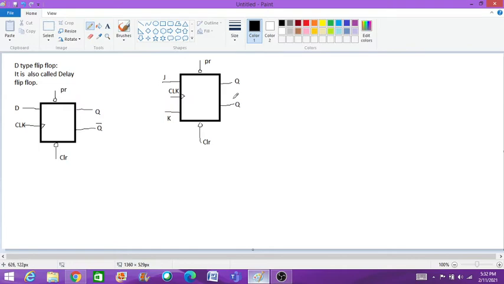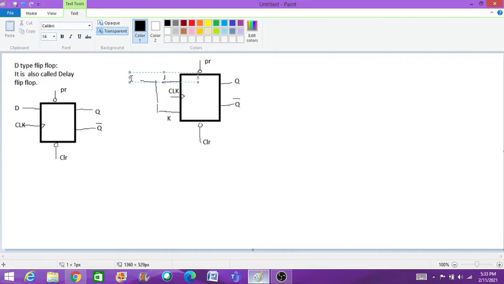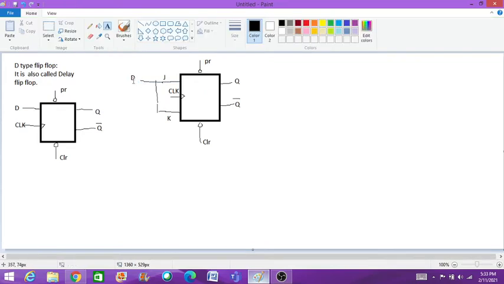So how will this be converted into D? There are two inputs J and K. Both inputs are connected to the same input, that is named D, and D is also called the data input.